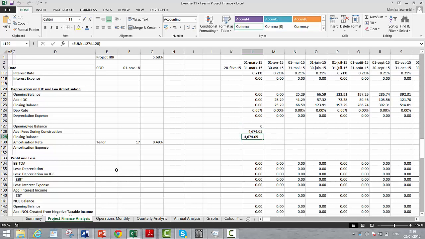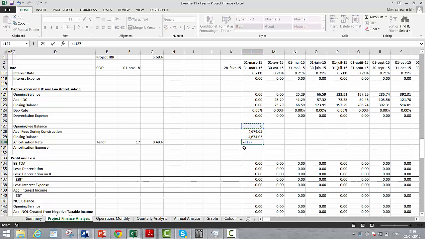Okay, and then our amortization is this opening balance multiplied by this rate, but first it does not begin until the construction period is finished.